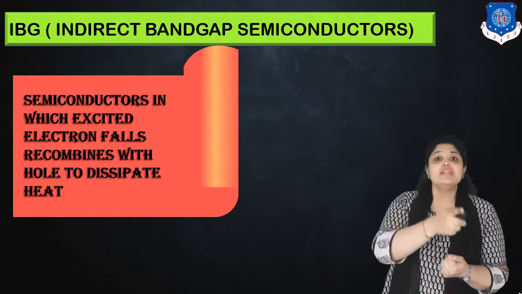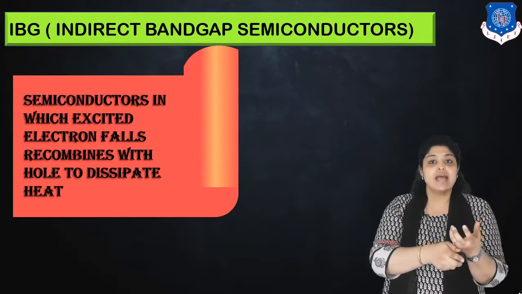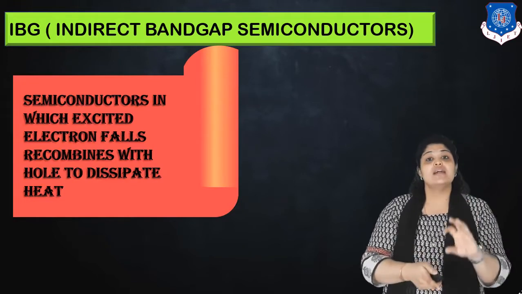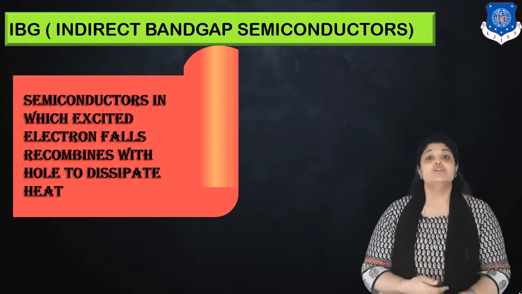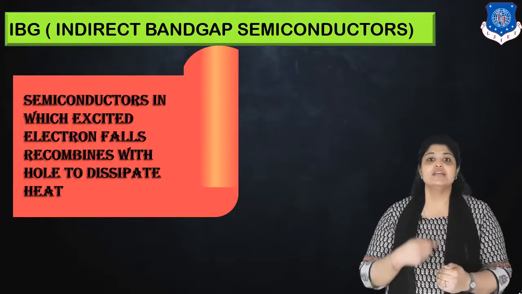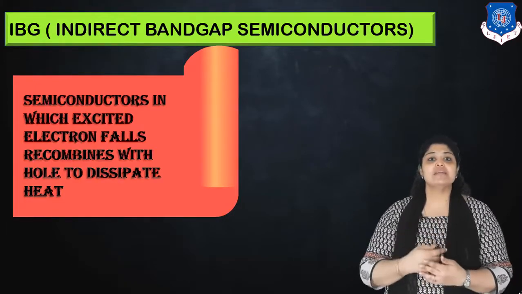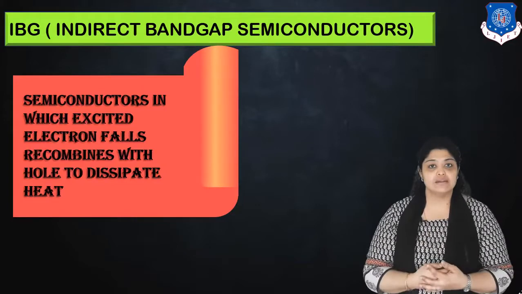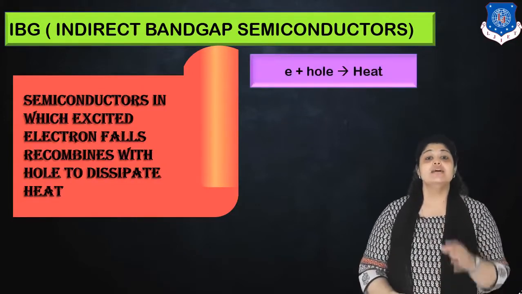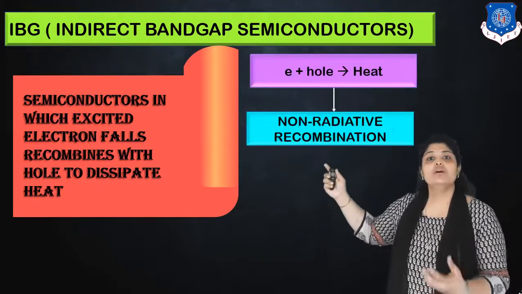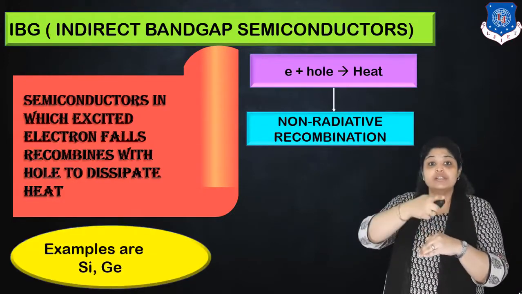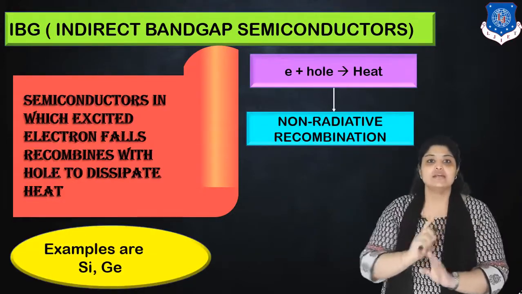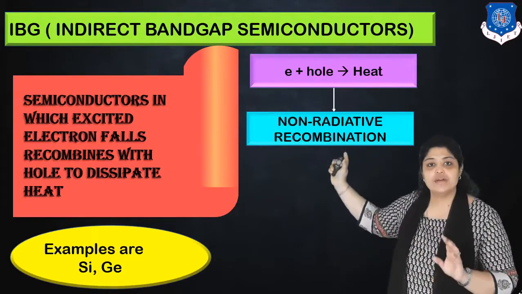They transfer their momentum to the lattice, and in this way vibrations are set up in the lattice and that leads to heat. Because it's a two-step process, we say that indirect band gap semiconductors always dissipate heat, or else we can say electron plus hole will give us heat, because that recombination of electron with a hole is through the lattice, and so the output is in the form of heat.